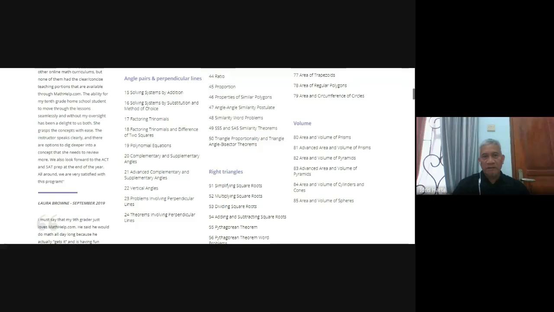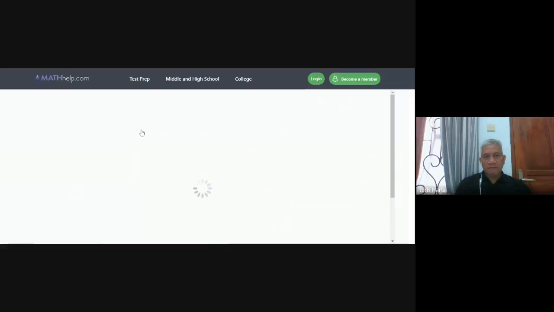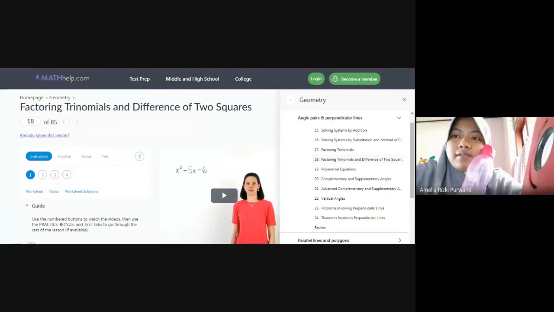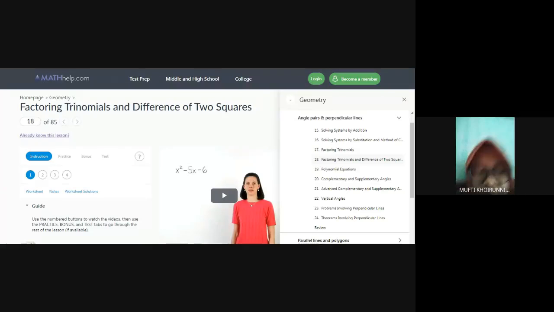Apa saudara sudah bisa melihat website yang saya tampilkan? Sudah, Pak.